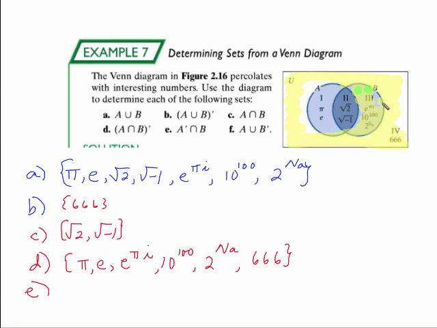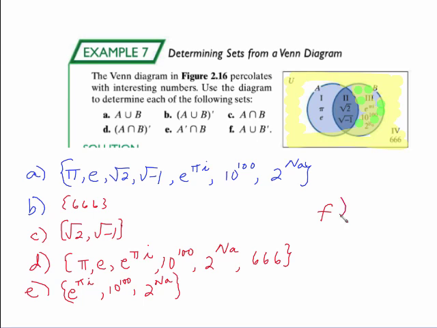So maybe just put some dots here so I don't color up everything I've got. What I'm looking for is what would be colored both yellow and green polka dot. And what's yellow with green polka dots is this part in here, which is e to the pi i, 10 to the 100th, and 2 to the na, or whatever that thing is.